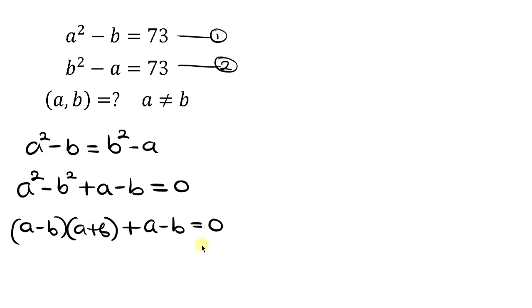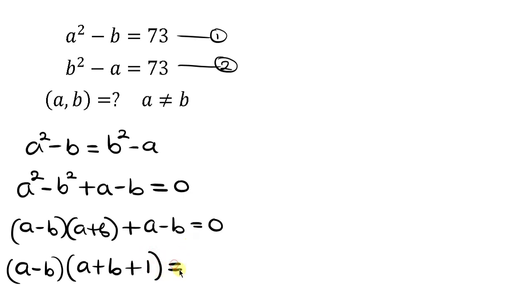Our next step will be for us to factorize since a minus b is common. So let's factor out a minus b. Factoring out a minus b, we now have a minus b times a plus b divided by a minus b, I have a plus b, so a plus b plus, now a minus b divided by a minus b, I have 1.